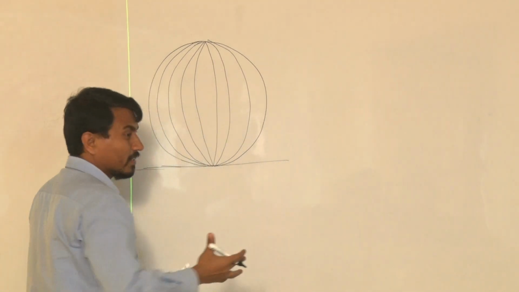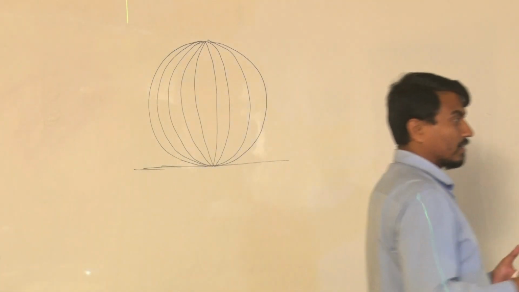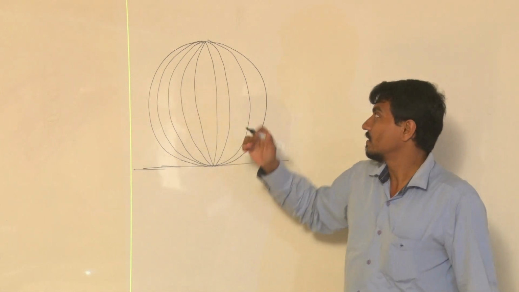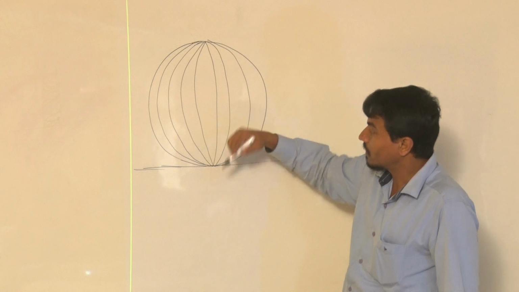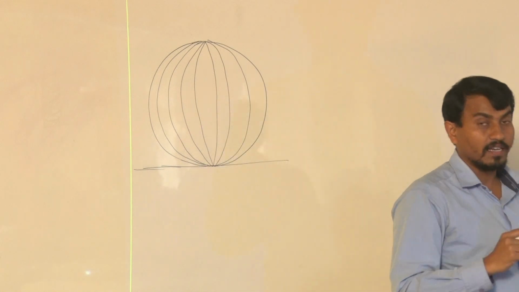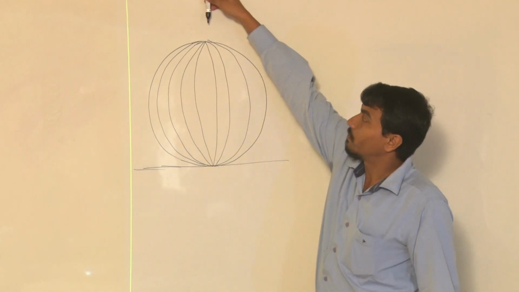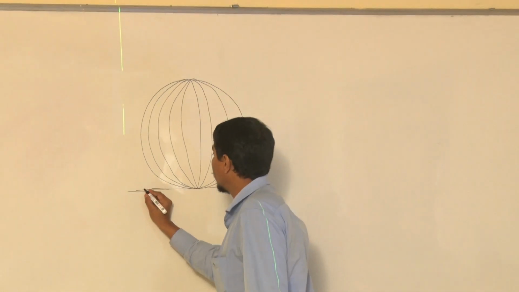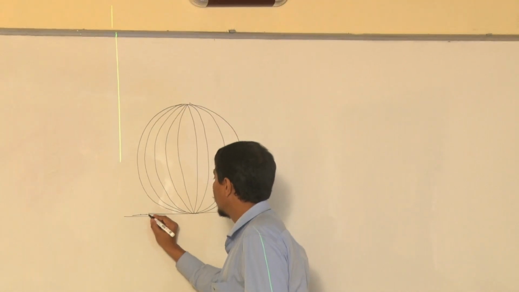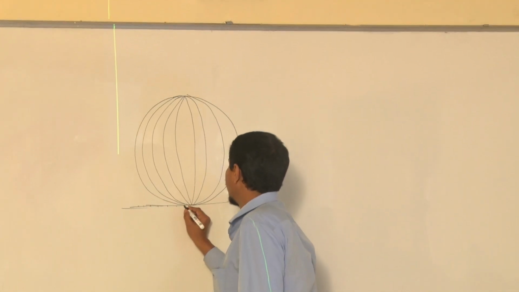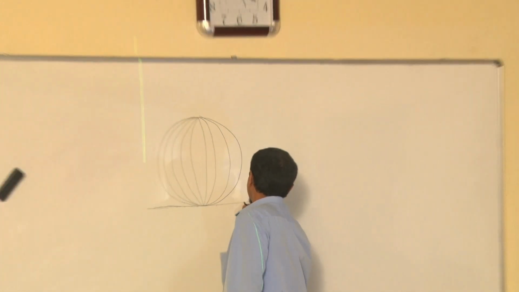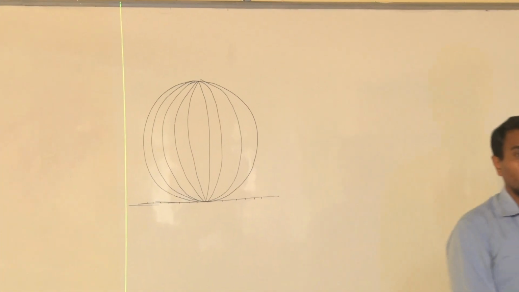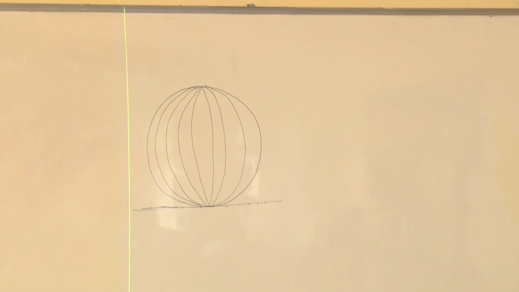Suppose this is a kind of sphere. Suppose it is transparent, and there is some line drawn in black color. If I give a projection from the top, what will you find? This kind of dot points you will find from the side view.